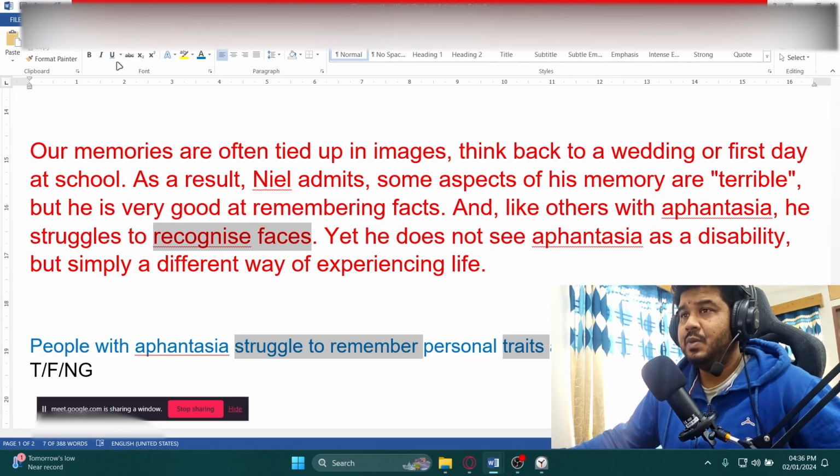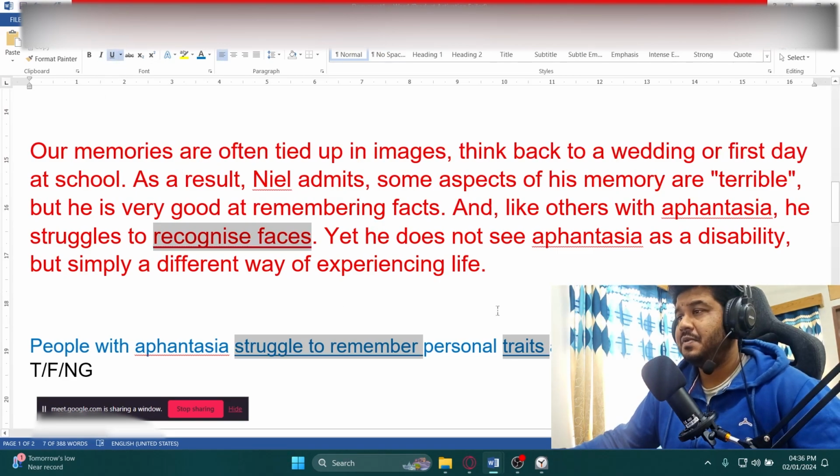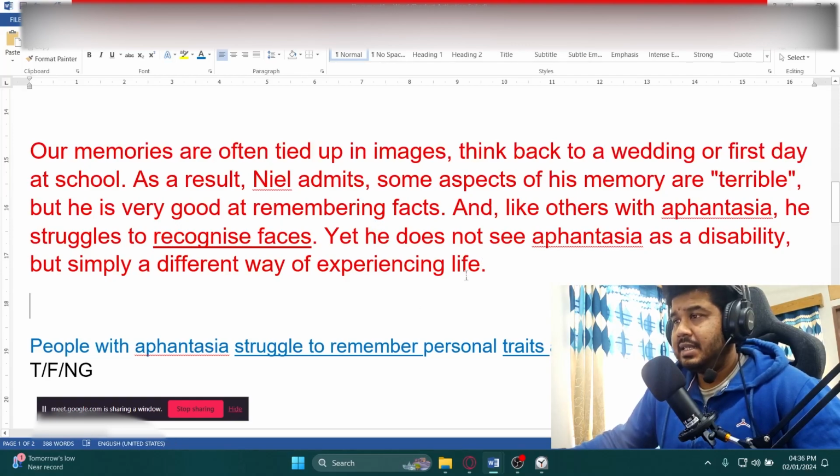Now look at these words. They can be really confusing. The text says, and like others with aphantasia, he struggles to remember or recognize faces.